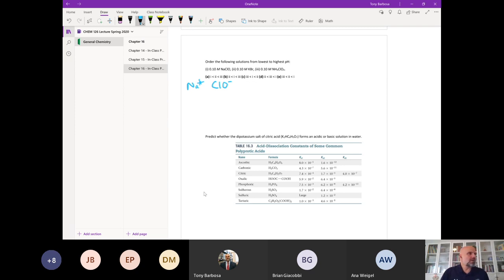I want to get some votes. Let me get the text box up over here. So is the sodium ion going to be acidic, basic, or neutral? Type A, B, or N into the text box. What do you think?